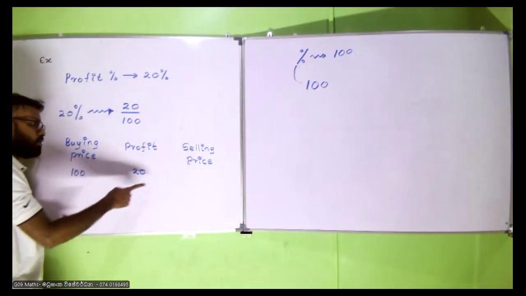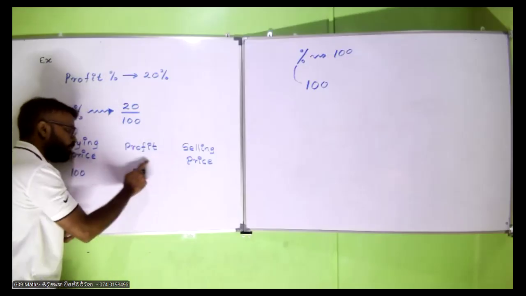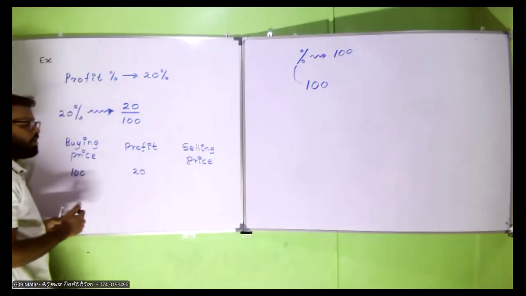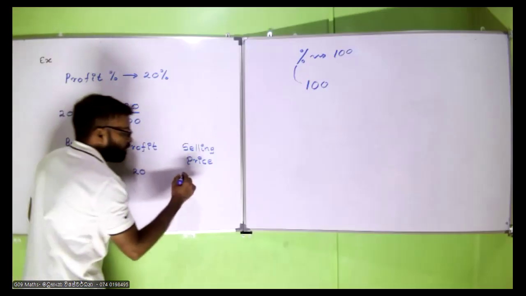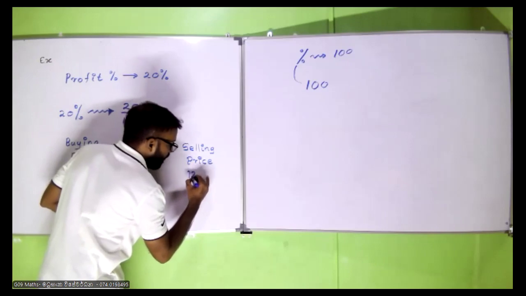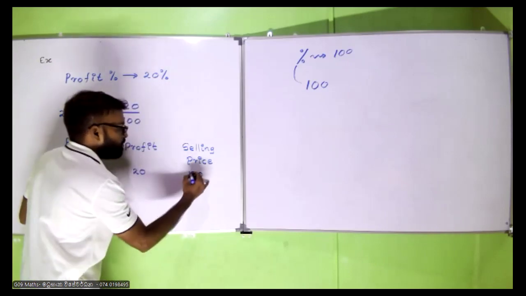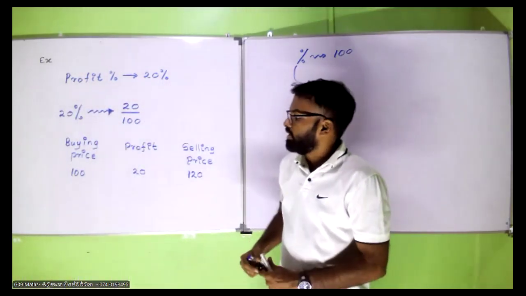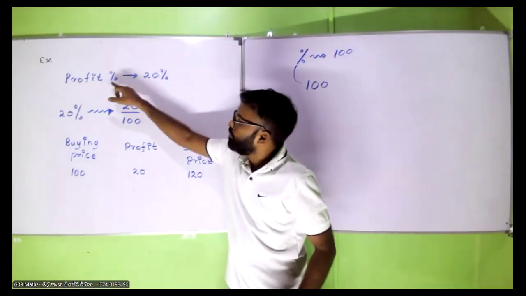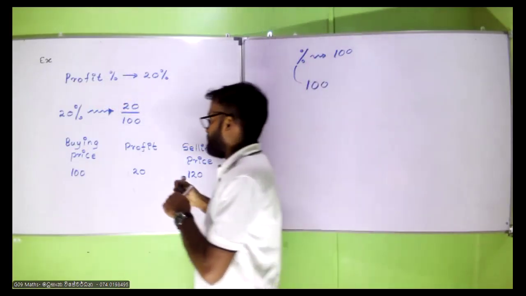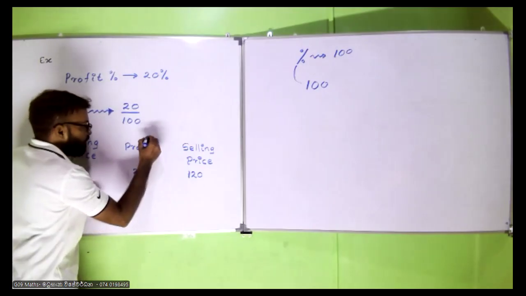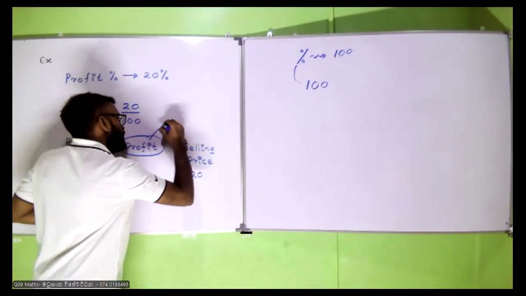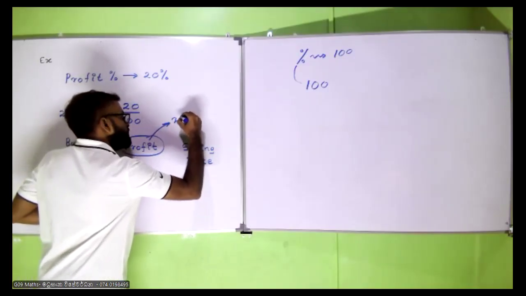So this is the buying price of the item, that is 100 rupees. You are going to keep a profit of 20 rupees with you. Then how are you going to sell it? In what price? 100 plus 20, 120 rupees. So the meaning of that is, if they are asking, your profit percentage is 20%.